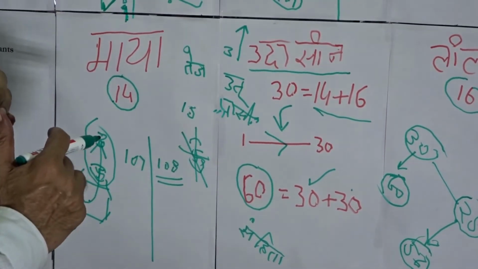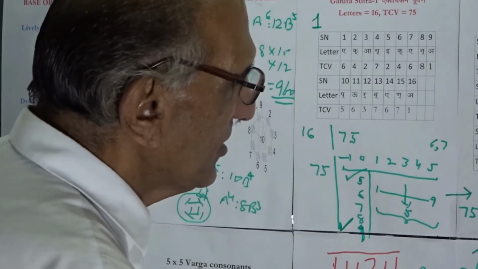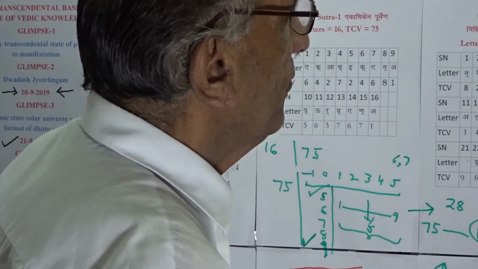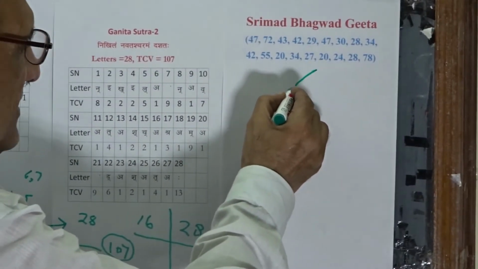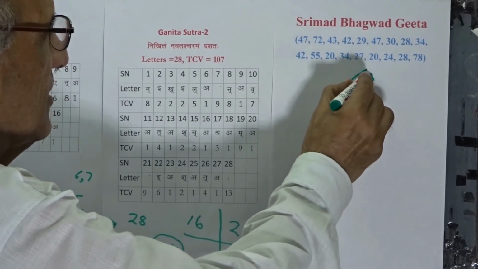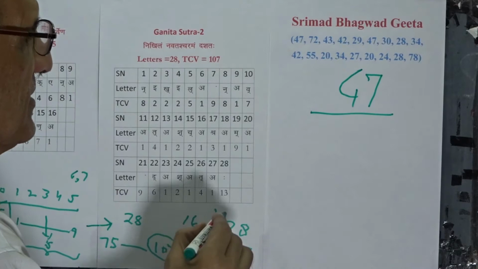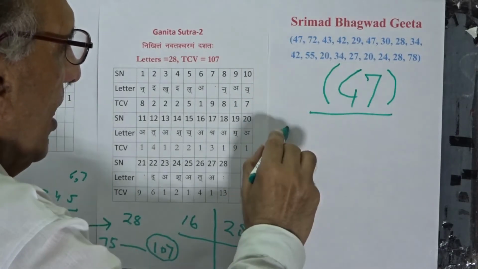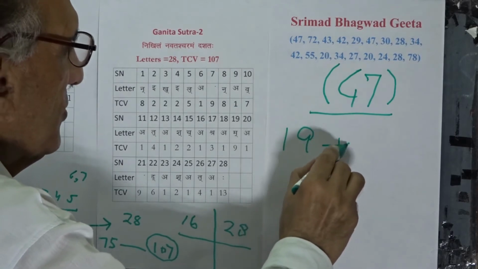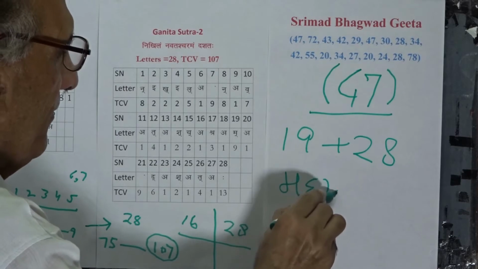It is this phenomenon, this feature which is to be revisited, and from here we can see that the Srimad Bhagavad Gita begins with its chapter 1 of 47 shlokas, and it is this value 47 which is a value of 19 plus 28, and it is going to be the value of the Madhya Brahm.